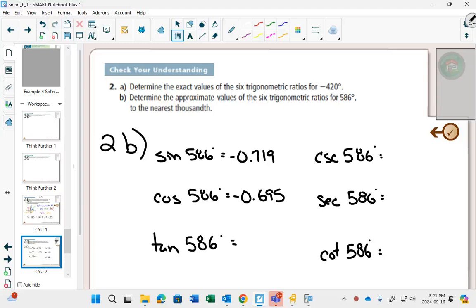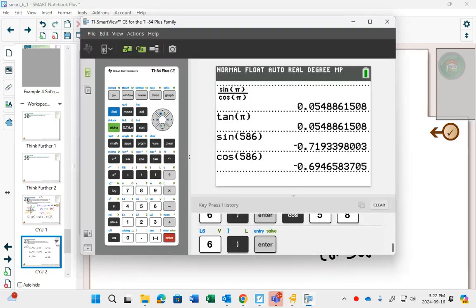Also, if you do rounding errors constantly, you'll often get the wrong answer. Yes, but they would still take that as a rounding error, not a mathematical error. And you can't lose a rounding error 6 times in the same question. And then tan of 586 degrees.